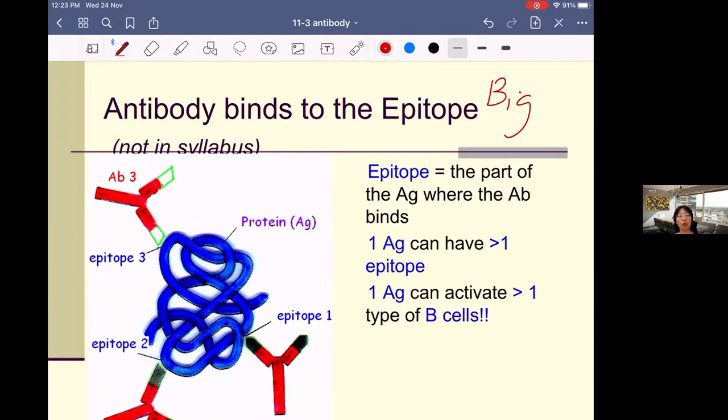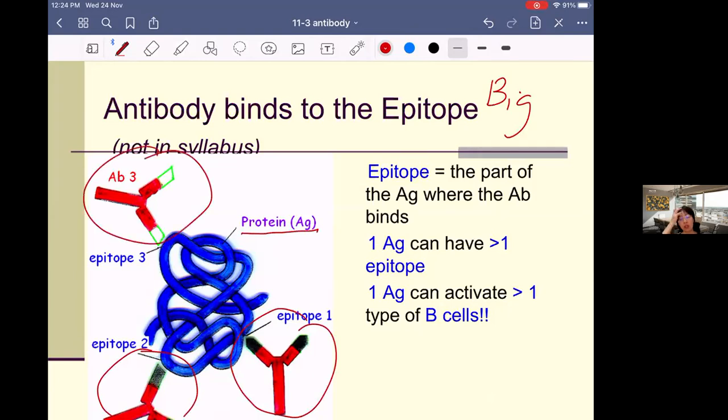If the antigen is a protein, it can be as big as the antibody. If it is as big as the antibody, of course the antibody cannot bind to the entire antigen, because it's the same size. So the antibody can only bind to a small section of the antigen.